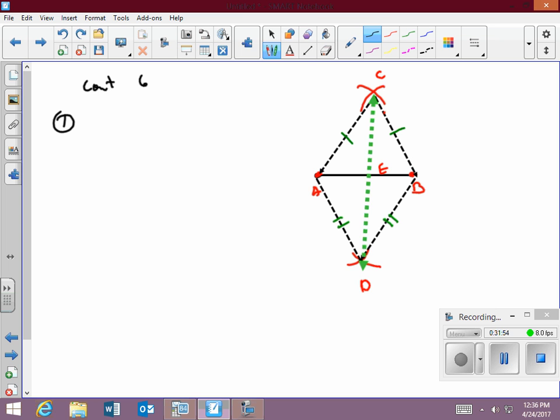We got AC is congruent to BC, and that's construction. And CE is congruent to CE, and that's by reflection.